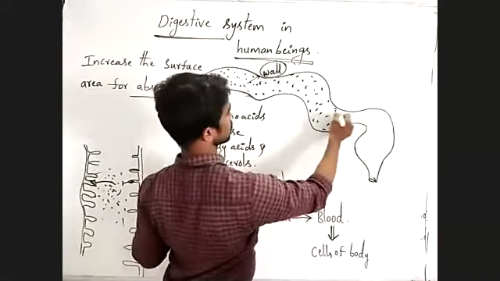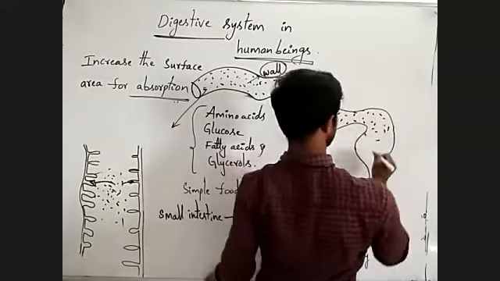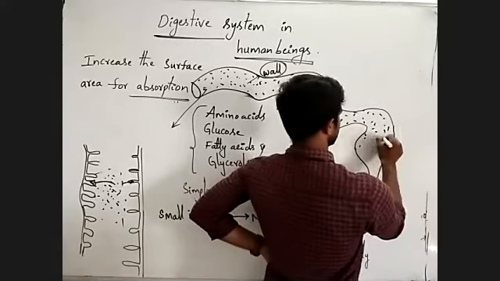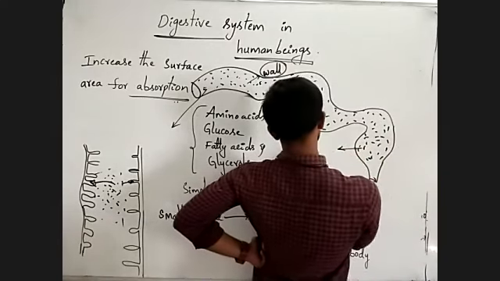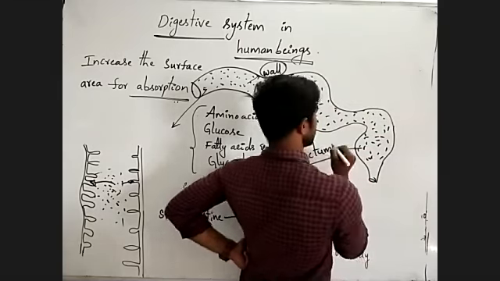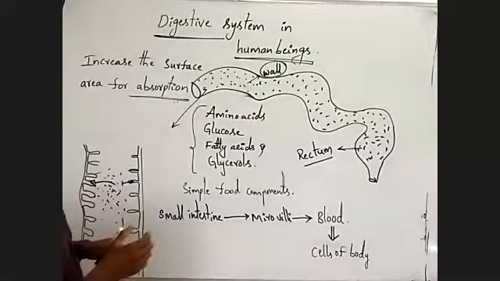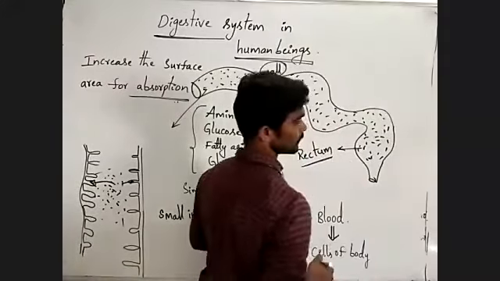This entire undigested material moves through the large intestine. Next, it is stored for some time in the rectum.